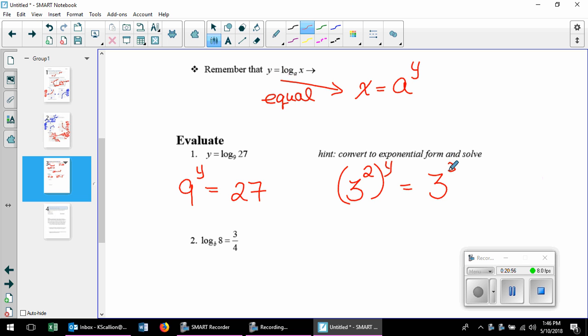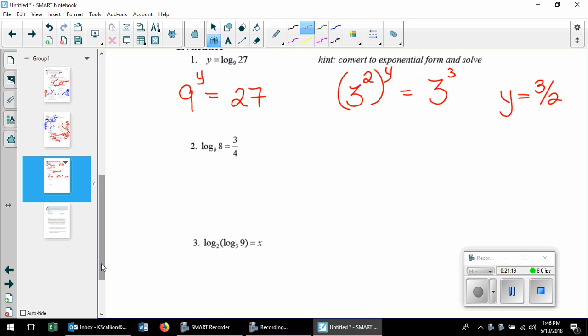So what's y equal to? That makes sense to everybody? Yeah. We'll get more complicated really quick, so don't worry about it.